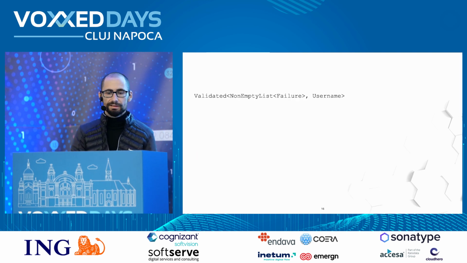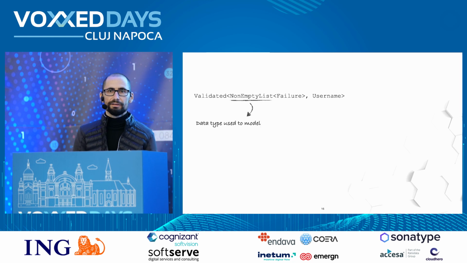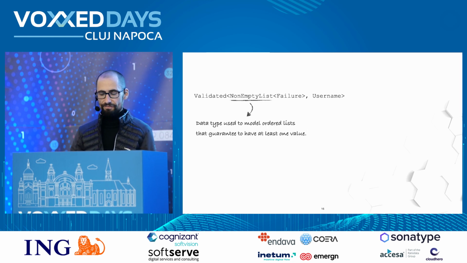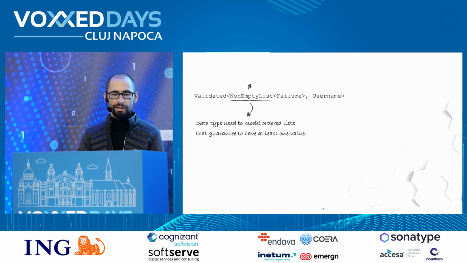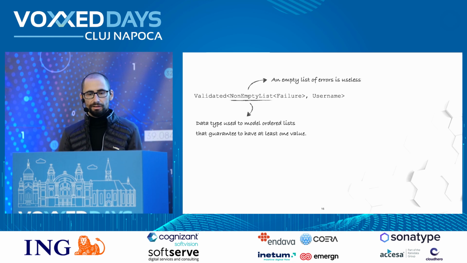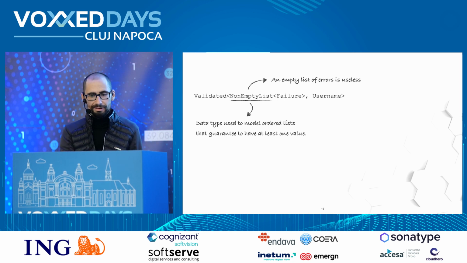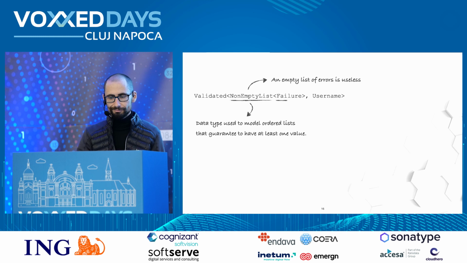So what does this mean? Basically, a non-empty list, as the name says, is a list that is guaranteed to have at least one value. So it's never empty. And why is that? Because an empty list of errors is useless. So we can use nulls or whatever. It's not helpful at all.